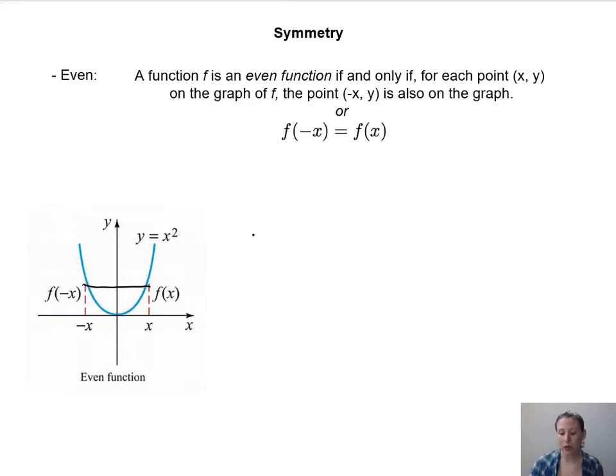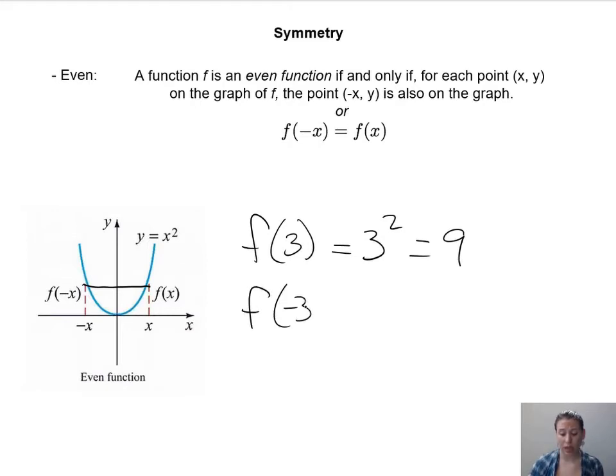So if we do f of 3, we want to find what that equals. Well, 3 squared is 9. To check this, we want to see if we can plug in negative 3 to get the same value.